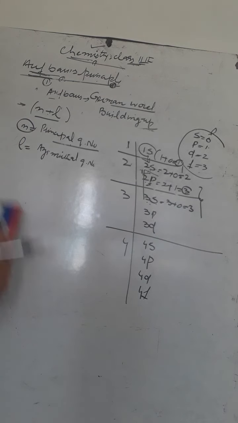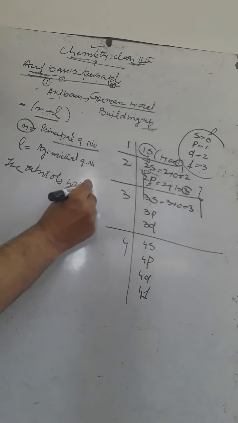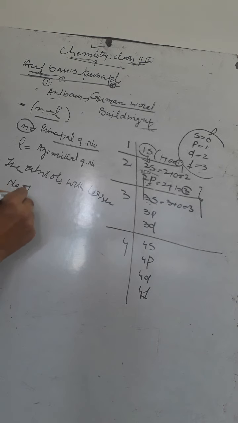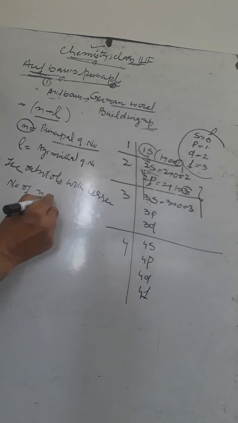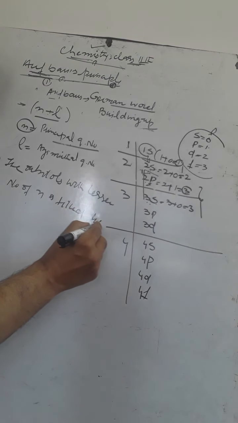So the next thing we noted here is that the orbitals with the lesser number of n, that's the principal quantum number, are filled first.